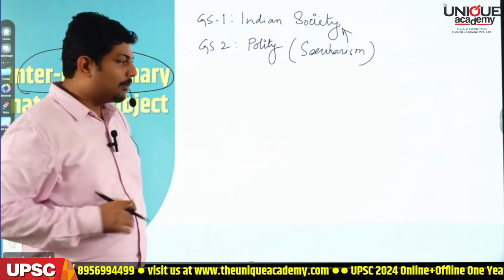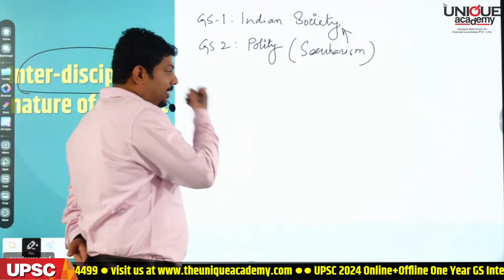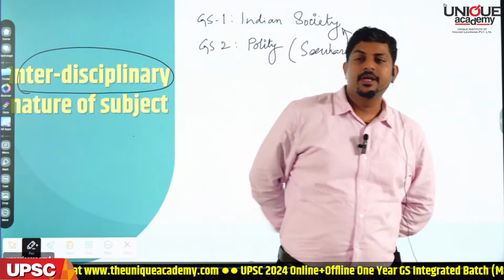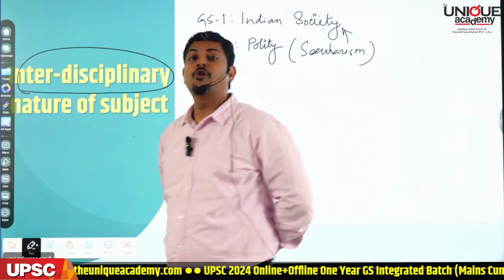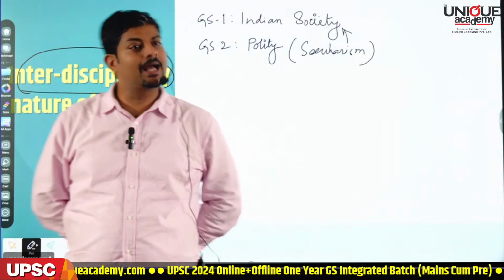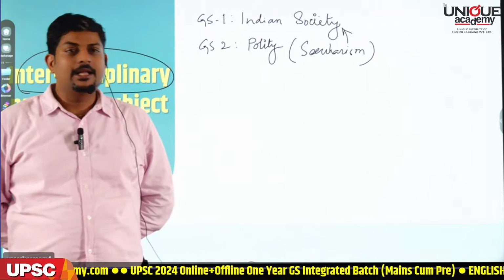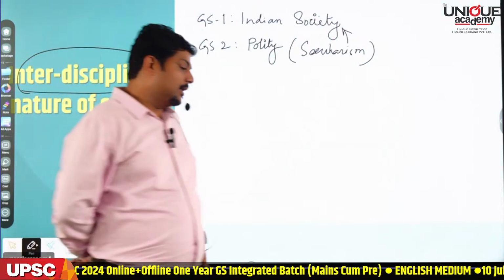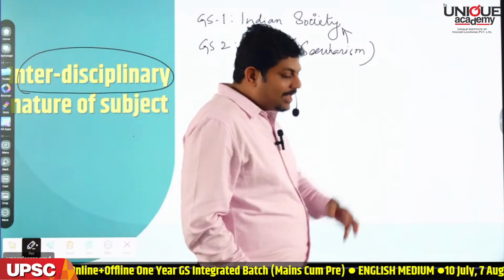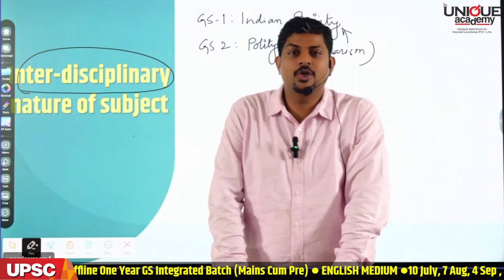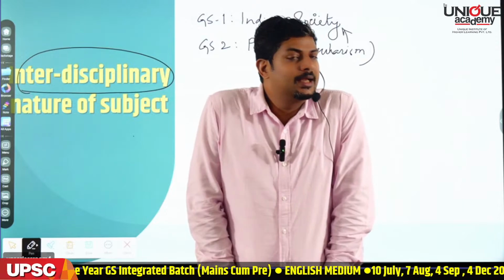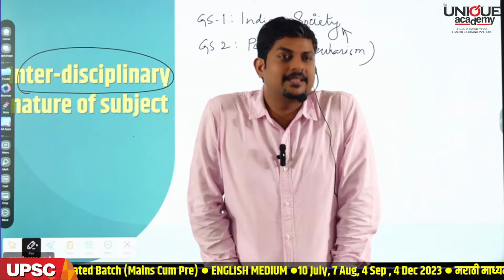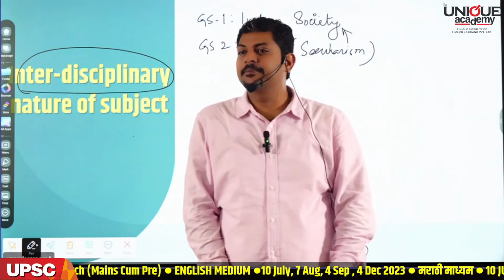Just take one more example. For example, there was the second topic, in which we have talked about the role of women and women organizations. था क्या second topic? Now when we will be talking about the role of women, so women in Indian society, can we refer to women as one of the sections of Indian society that shall be considered a disadvantaged section of society? कह सकते हैं क्या?